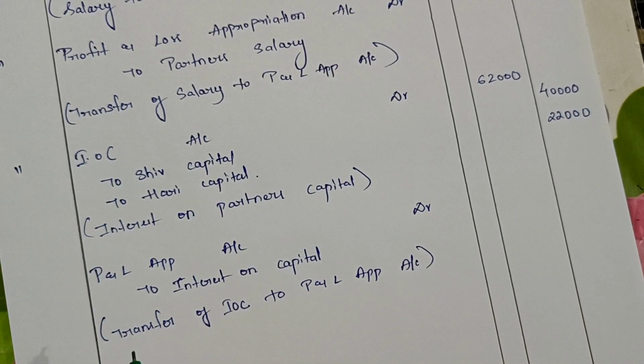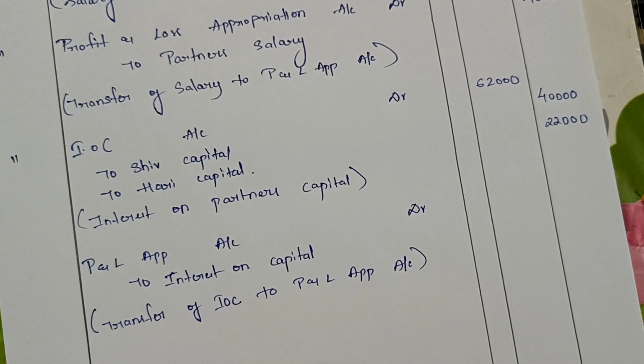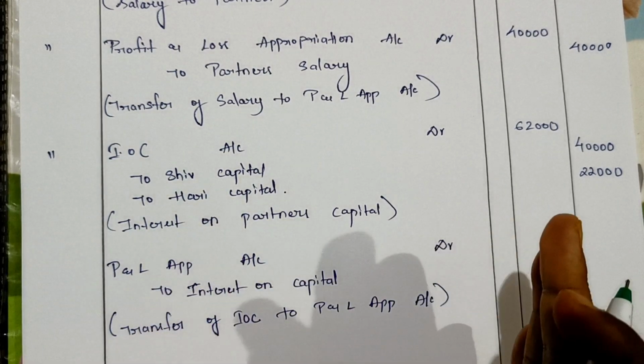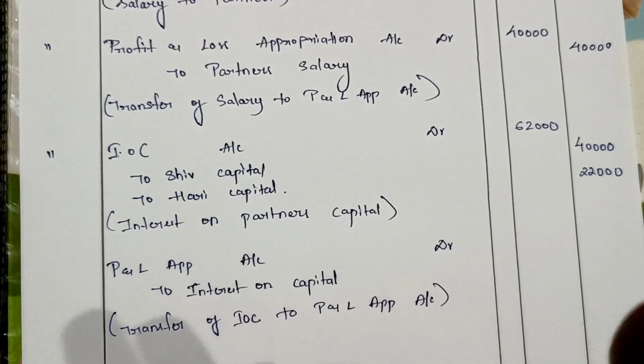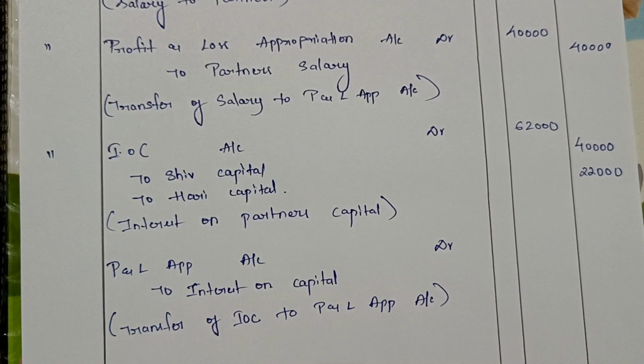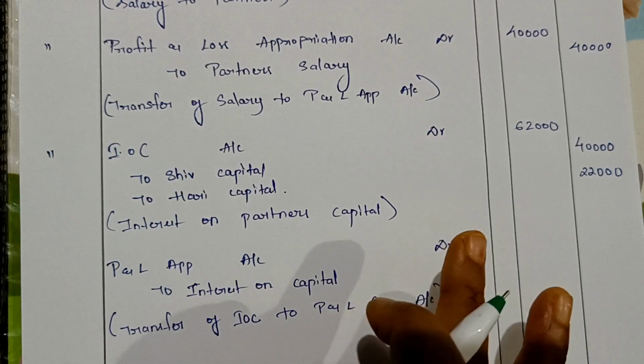Next entry will be for the drawings. Here interest on drawings will be charged on the drawings which they have made. Hari has drawn 12,000 rupees and Shiv has drawn 12,000 rupees, and Hari has drawn 10,000 rupees during this financial year. So interest on drawings will be on that amount.